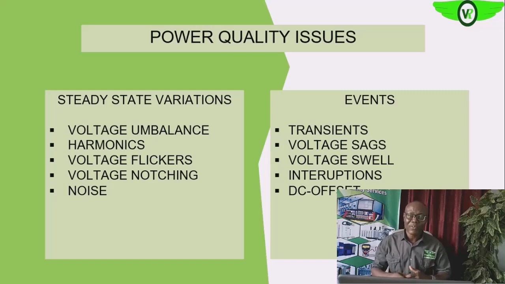We'll see how it will affect our system later. We'll see harmonics, what they are and how they affect the system. Then flickers, voltage flickers, notching, noise. Then on the transient events, we have transients, okay? That is temporary events. Voltage sag, voltage swell, interruptions and DC offset. So we are going to see how all of these will affect the reliability of the entire system. Okay, that is the motor system.